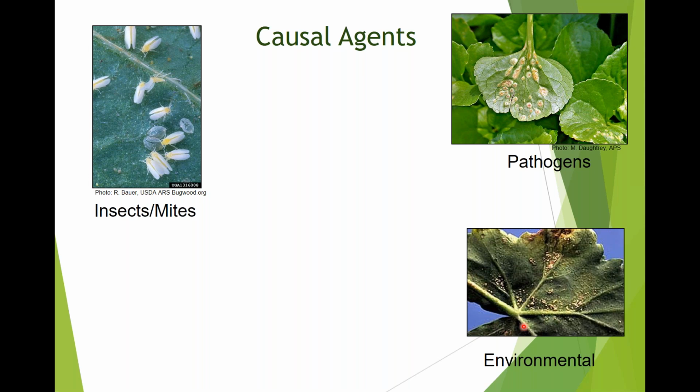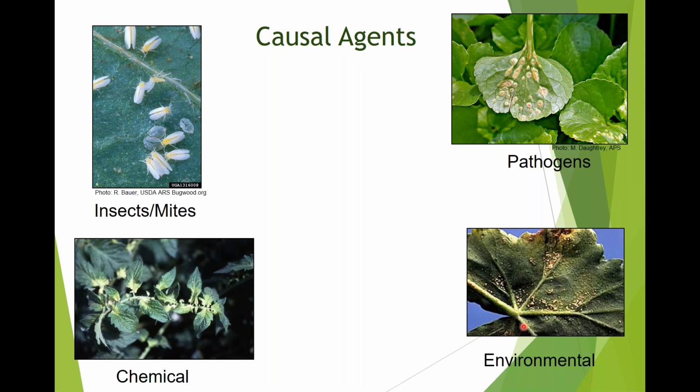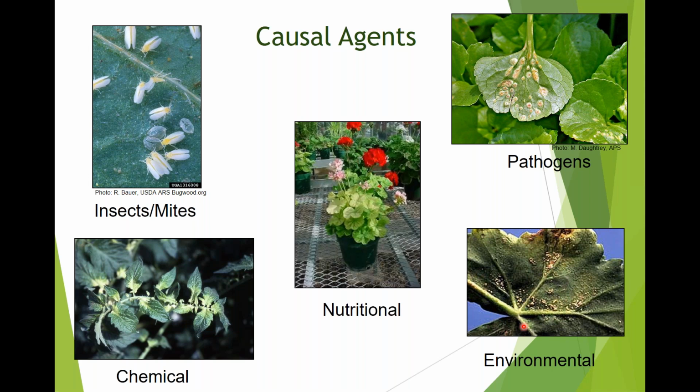There are issues with environmental stress factors. There are also problems with chemicals, whether it be pesticide issues, or sometimes things from outdoors that come into a greenhouse that may be pesticide related as well, and nutritional problems. So those three categories, the chemical, the nutritional, and the environmental, are the causal factors that are non-living, or abiotic.